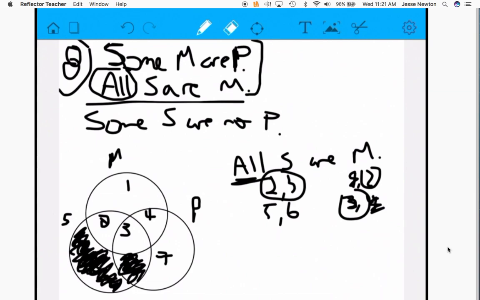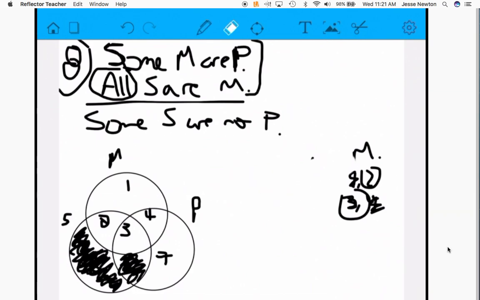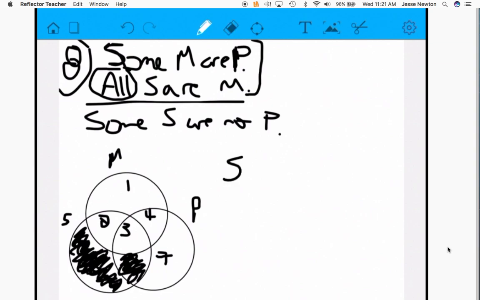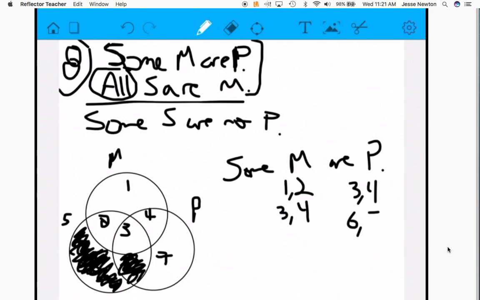All right, so now we got that out of the way. We're going to come to our next premise. Some M are P. M is 1, 2, 3, and 4, whereas P is 3, 4, 6, and 7. So we locate the regions of overlap, 3 and 4, and we can scribble out the 6 and the 7.